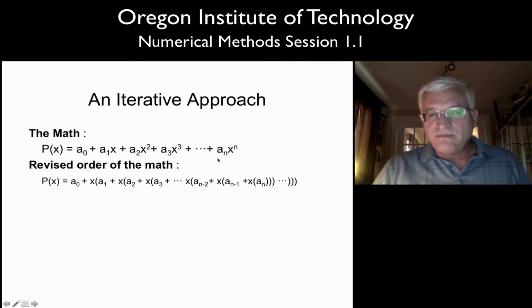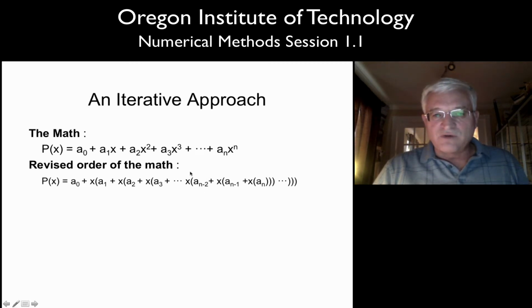And then I'm going to back up and take the coefficient before it, a sub n minus 1, and just add it to it. Then I will take that sum, or that linear combination, and multiply it by x again, and then add yet the other coefficient that's before it.